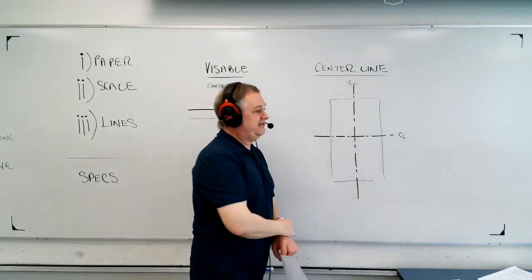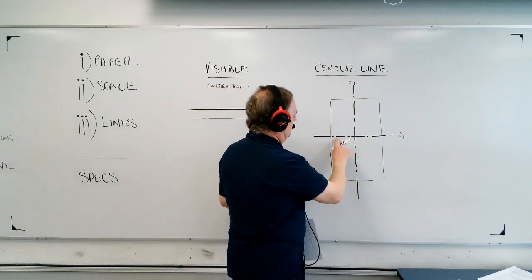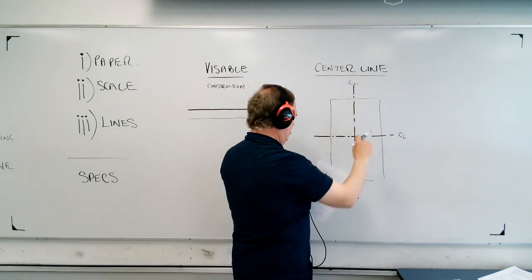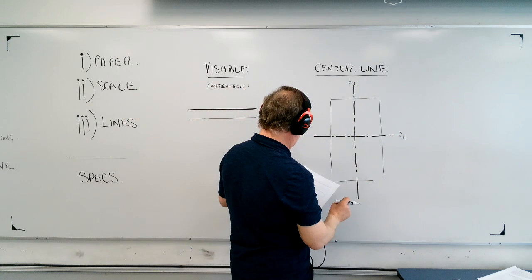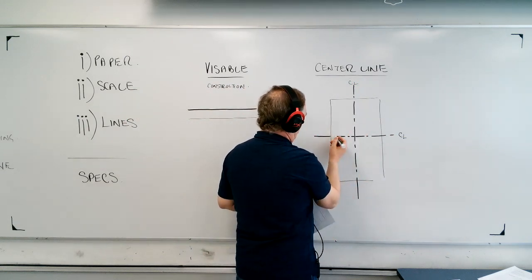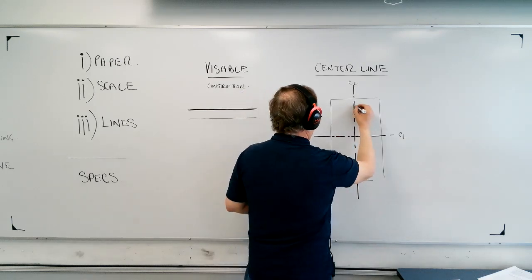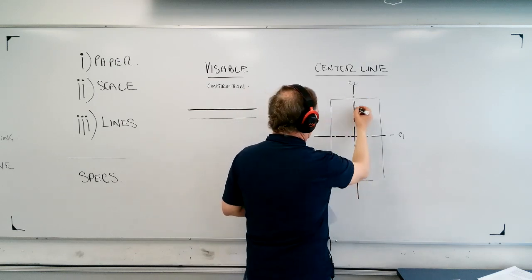If you don't see CL written on there, just be aware of the format of the longer dash and then the small dash in the middle. So it's long and short dashes. It's not really a dot, it's a dash, but a long dash and a short dash. And that indicates that that is the center of that object.